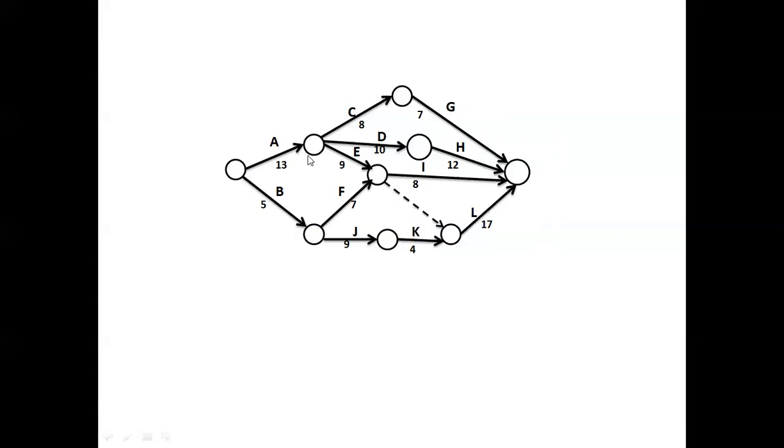Then after numbering this as 2 and this as 3, next we have to delete the outgoing activities from the numbered node. From 2, I will delete this and this, which will create these two events as initial events, and then I will give the next numbers, that is 4 and 5.